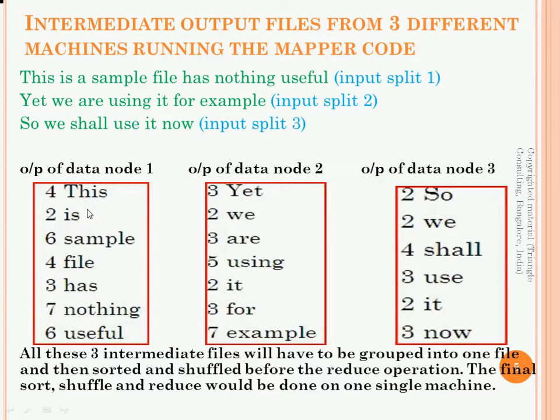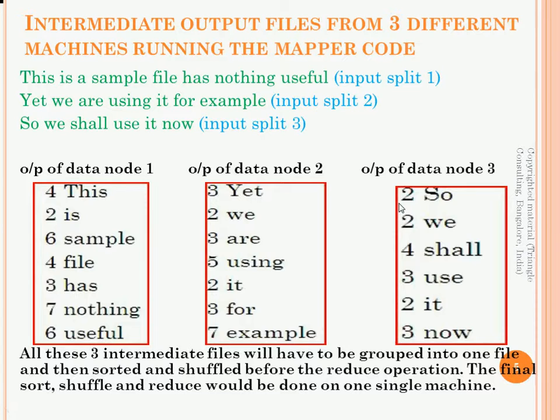This is one intermediate file, the output of running the mapper code on input split 1. The red box in the middle is the intermediate file resulting from running the mapper code on input split 2. The third box on the extreme right is the intermediate file generated by running the mapper code on input split 3.